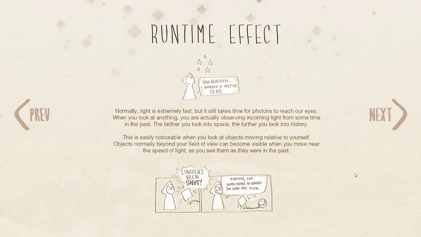Normally, light is extremely fast, but it still takes time for photons to reach your eyes. When you look at anything, you are actually observing incoming light from some time in the past. The farther you look into space, the further you look into history. This is easily noticeable when you look at objects moving relative to yourself. Objects normally beyond your field of view can become visible when you move near the speed of light, as you see them as they were in the past.